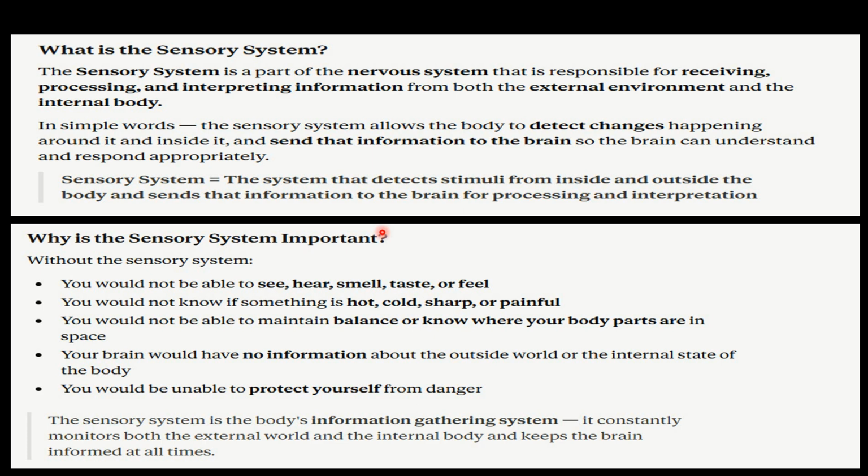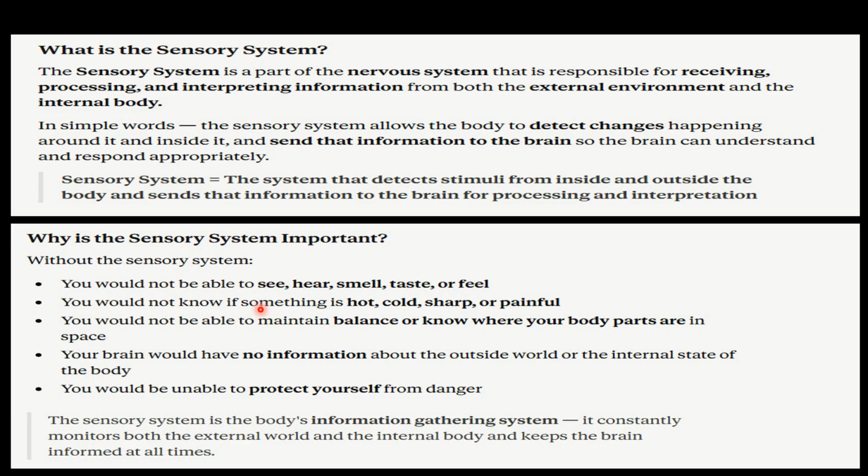What will happen if it is not there in the body? If the sensory system is not in the body, you would not be able to see, hear, smell, taste or feel. For all these things, like see, hear, smell, taste and feel, you need a sensory system. You would not know if something is hot, cold, sharp or painful. It is only the sensory system that tells us.